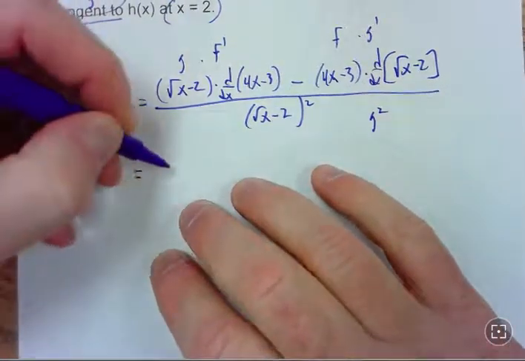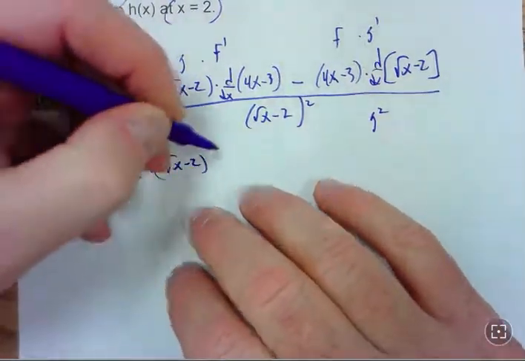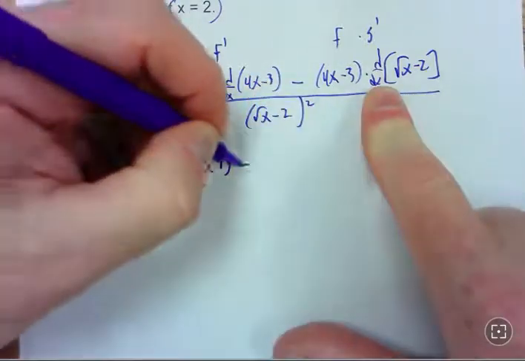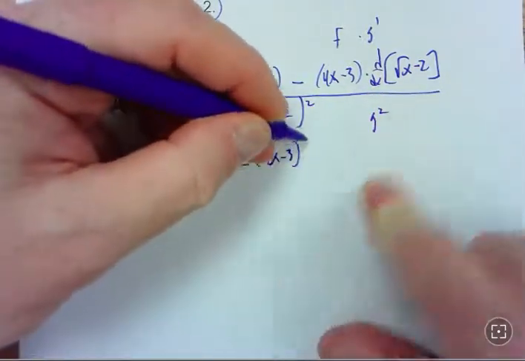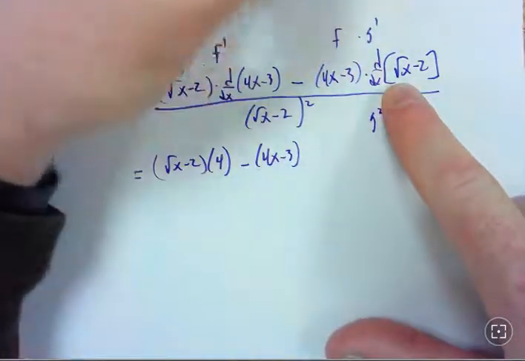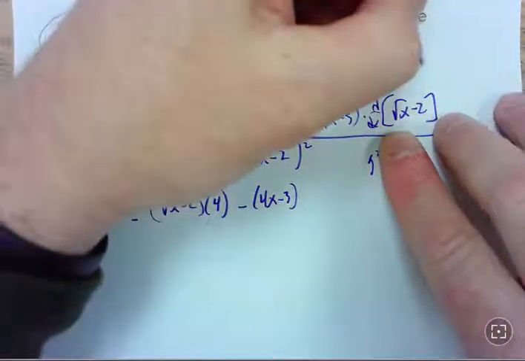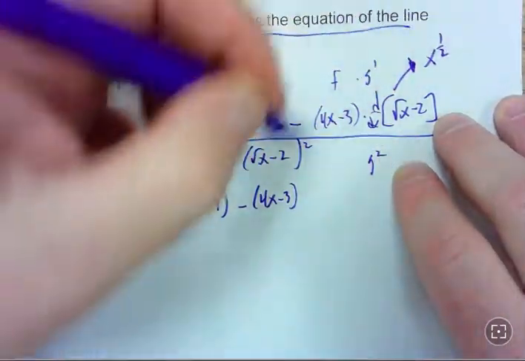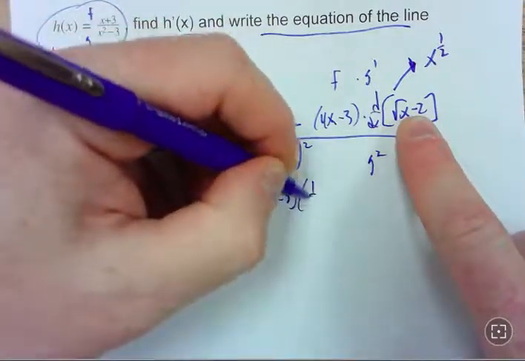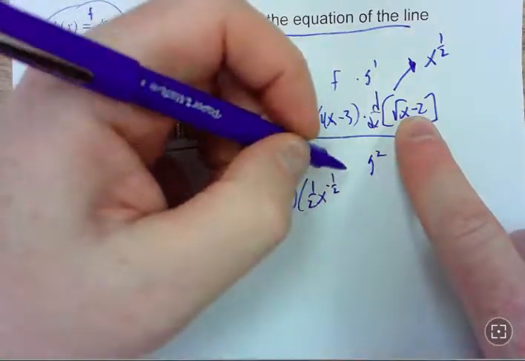Okay, well this would be the square root of x minus 2 times 4, minus 4x minus 3 times, okay, again, don't see square roots here. See that as x to the 1/2. So its derivative would be 1/2 x to the negative 1/2.